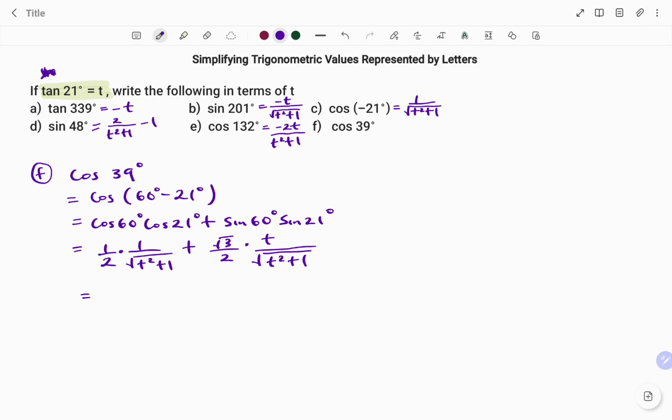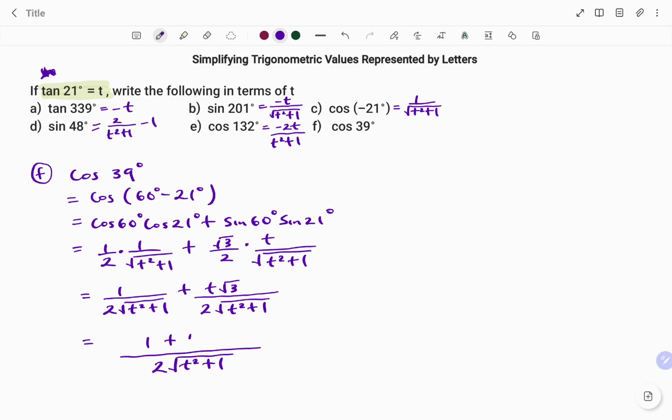That's equal to 1 over 2 root t squared plus 1 plus t root 3 divided by 2 root t squared plus 1. If I put everything under the same denominator, our common denominator is 2 square root of t squared plus 1. For our numerator, we're going to have 1 plus t root 3.